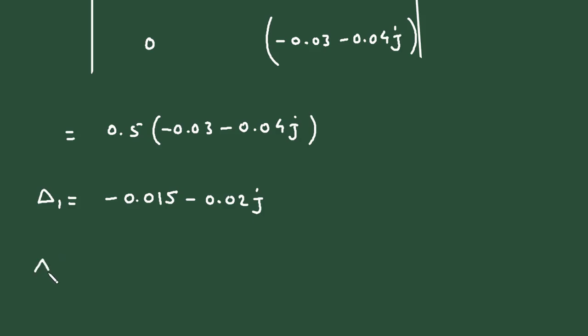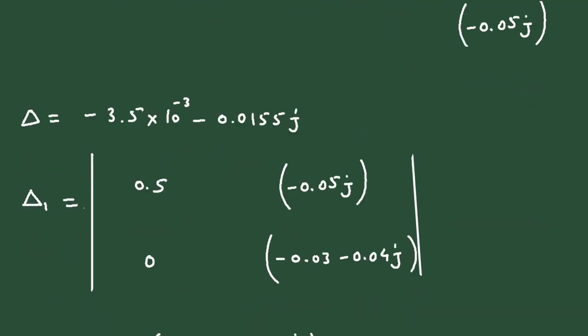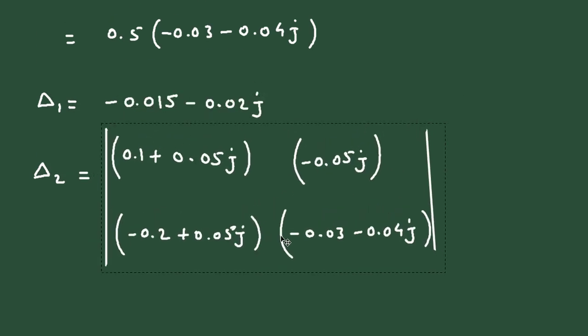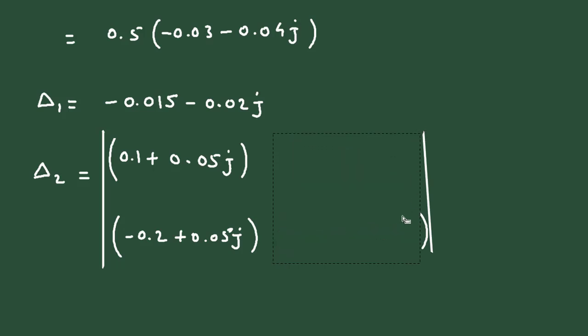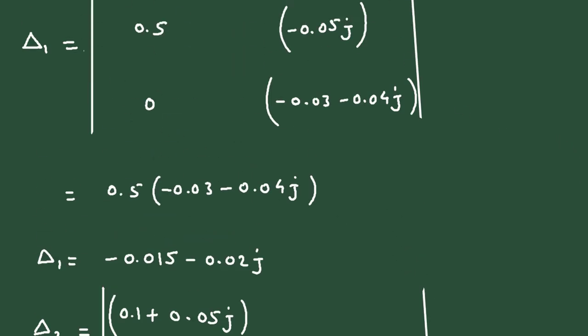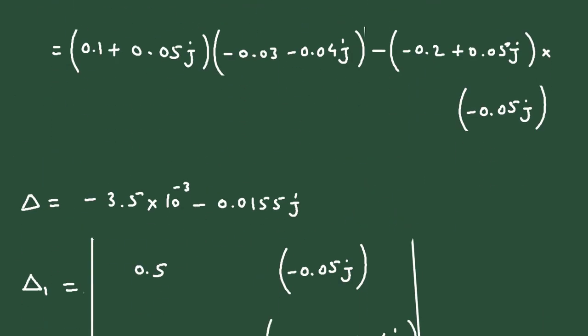Next we have to find the value of delta 2. So for delta 2, again we have to take the determinant, and this time we have to replace column 2. So we have to replace the second column with 0.5 and 0.